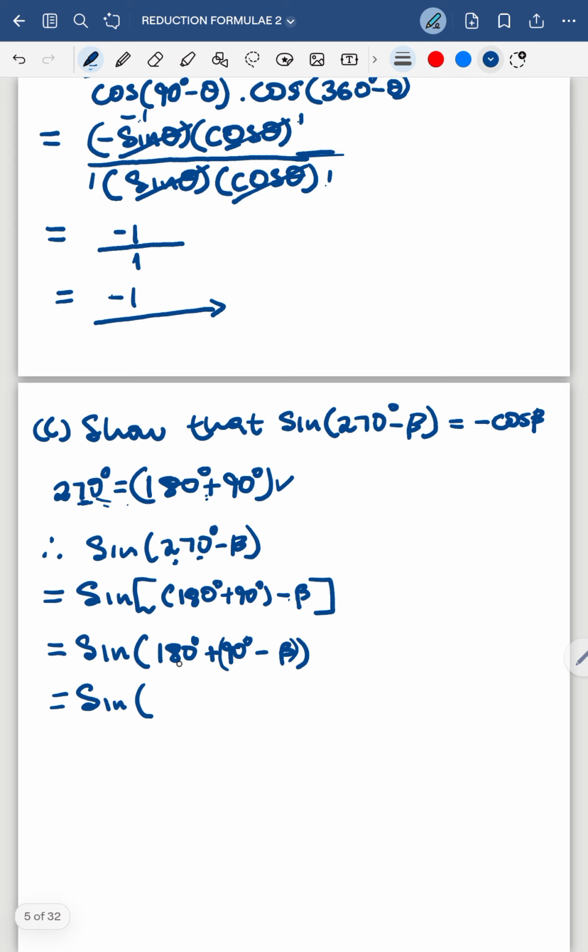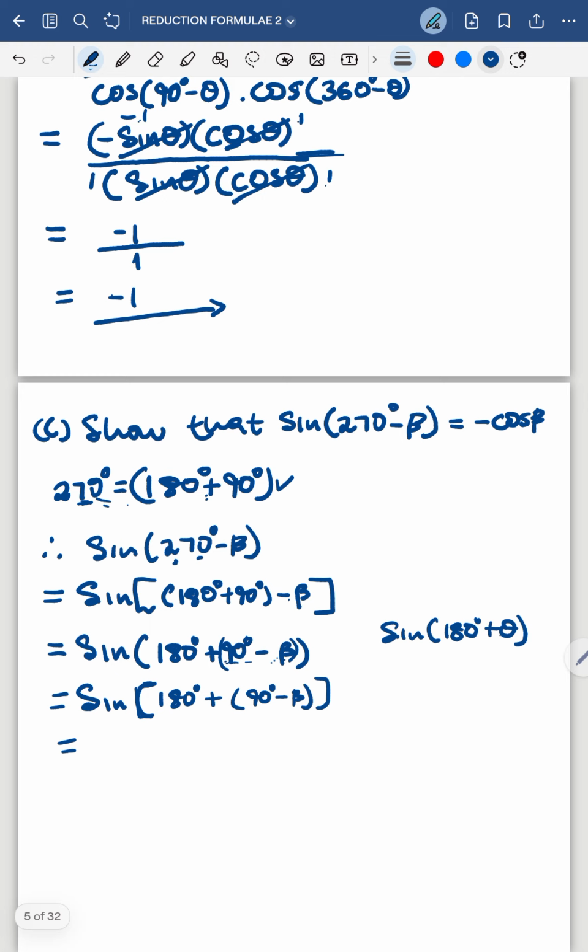So it's going to be 180 degrees plus this 90 degrees minus beta. I just took both of them so that we can have something that we know. Do you still remember sine of 180 degrees plus theta? We want to form this 90 degrees minus beta to be that theta.